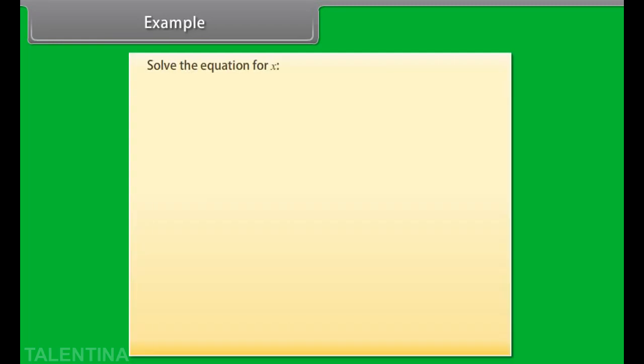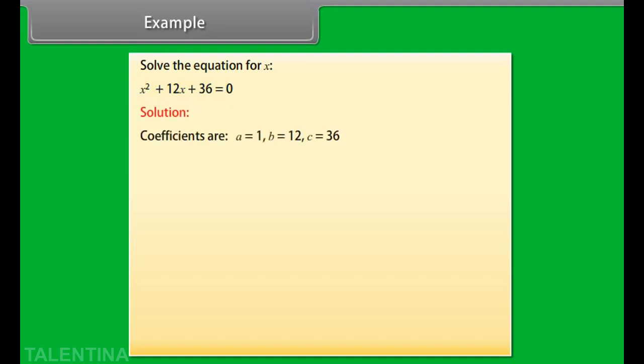Example: solve the equation for x. x square plus 12x plus 36 is equal to 0. Solution: coefficients are a is equal to 1, b is equal to 12, c is equal to 36. d is equal to b square minus 4ac. d is equal to 12 square minus 4 into 1 into 36 is equal to 0.